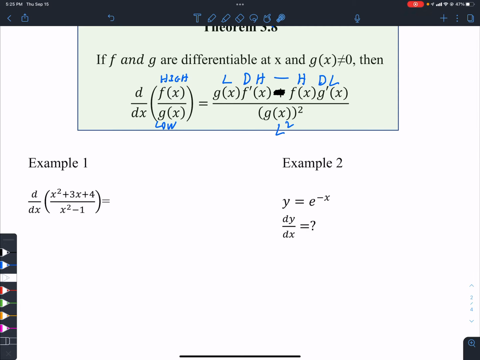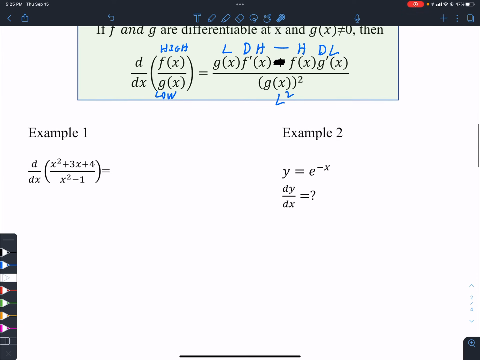All right, let's go and apply this. So the first example, I want the derivative of that function, the top function divided by the bottom function. So I want low d high. Well, the low one is x squared minus 1. D high, I need the derivative of that.